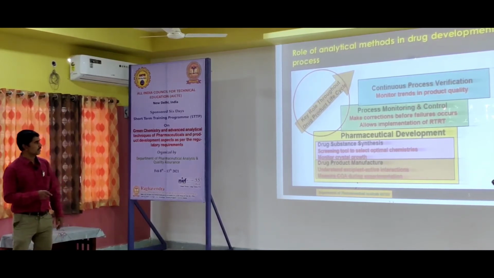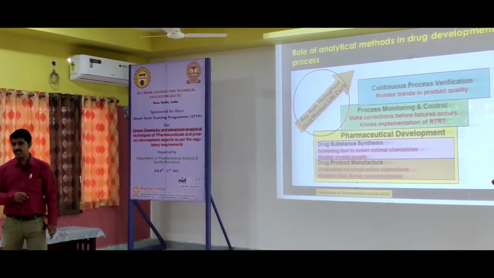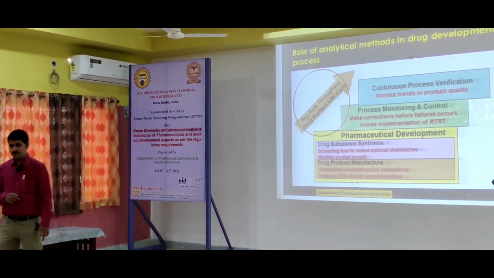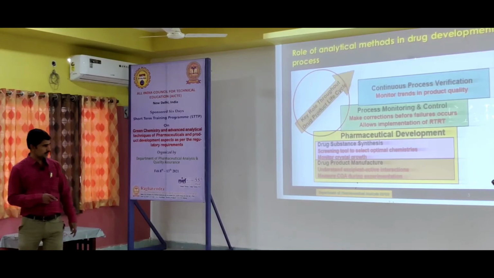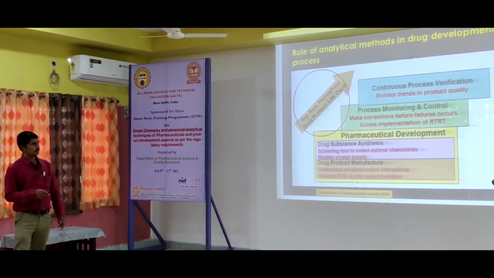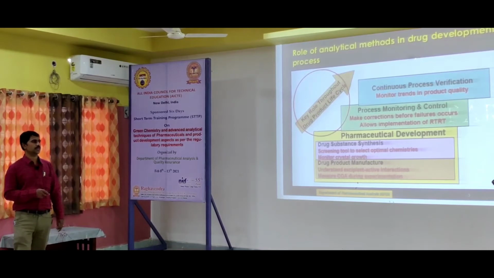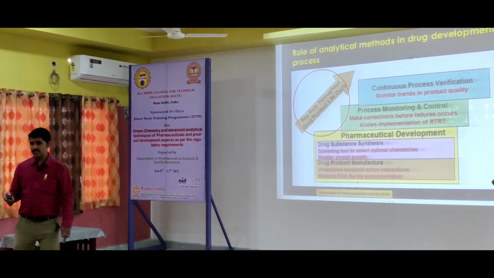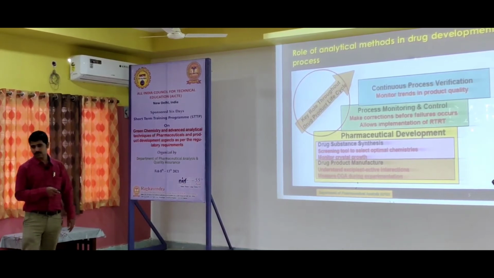Then process monitoring and control, making corrections before failure occurs, which allows implementation of RT, that is real time release. Release before going to the market, that we are going to see.